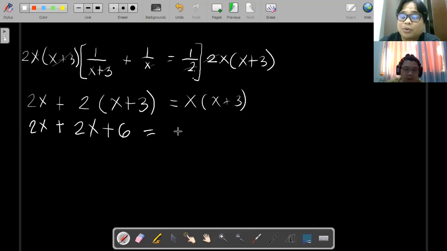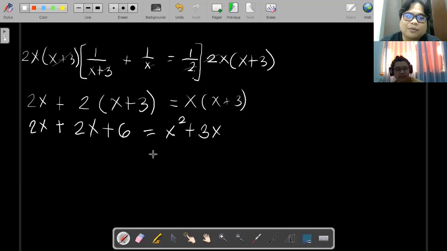Every time you multiply like variables, all you need to do is add the exponents, right? The exponent of x is 1, the exponent of another x is 1, so 1 plus 1 is 2. That's why x times x is x squared. Plus x times 3, that's 3x.